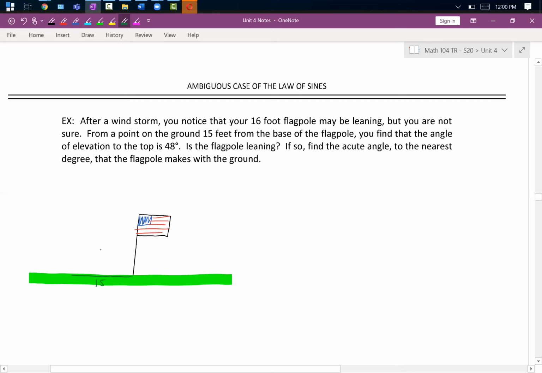The angle of elevation to the top of the flagpole is 48 degrees. And I also know that my flagpole is 16. And we want to figure out if the flagpole is leaning. How would we determine if it was leaning?